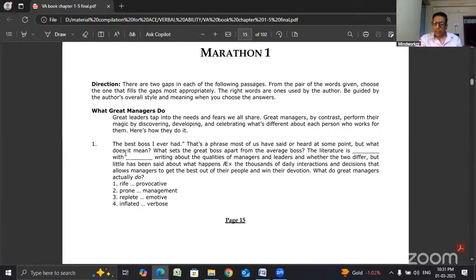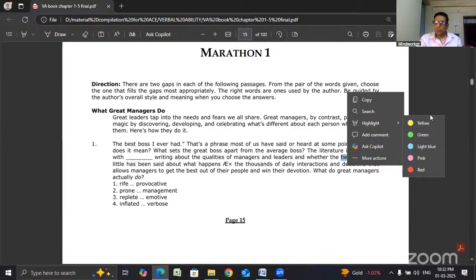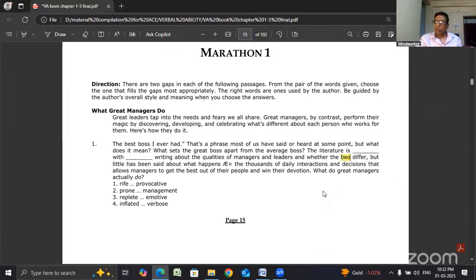So if I read this, when he says the literature is replete with writing about the qualities of managers and leaders and whether the two differ, whether the two comes for what? Keep track of pronouns. The two comes for managers and leaders. Whether the two differ, but little has been said about what happens to the thousands of daily interactions.